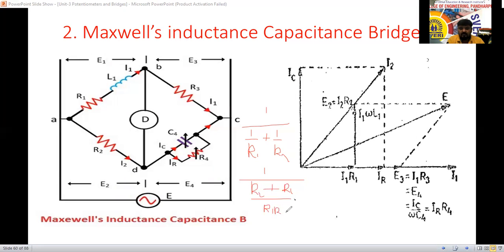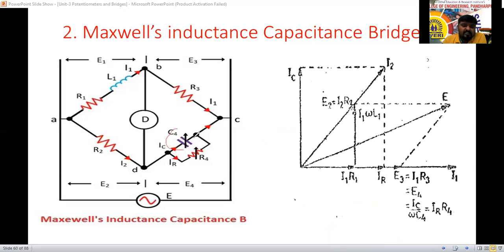So this term we can send here. So R1 R2 divided by R1 plus R2. We got the same equation now. So this is the equation for two resistances connected in parallel, that is R1 R2 divided by R1 plus R2 here.